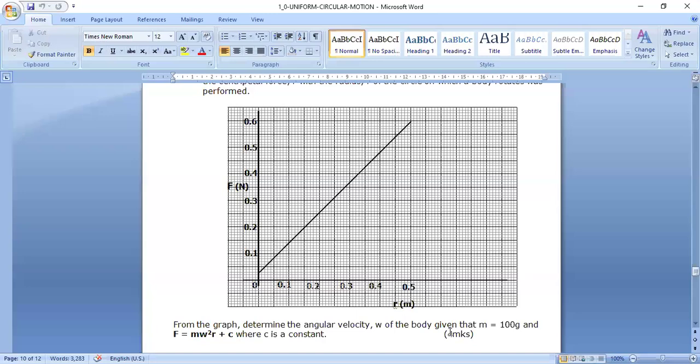The quantity is r, so cancel r. And on the mathematical equation mx plus c, you cancel x. So what we are left with is m. And what we are left with on this equation is m omega squared. Therefore, we can now conclude that the gradient, or the slope, equals m omega squared.